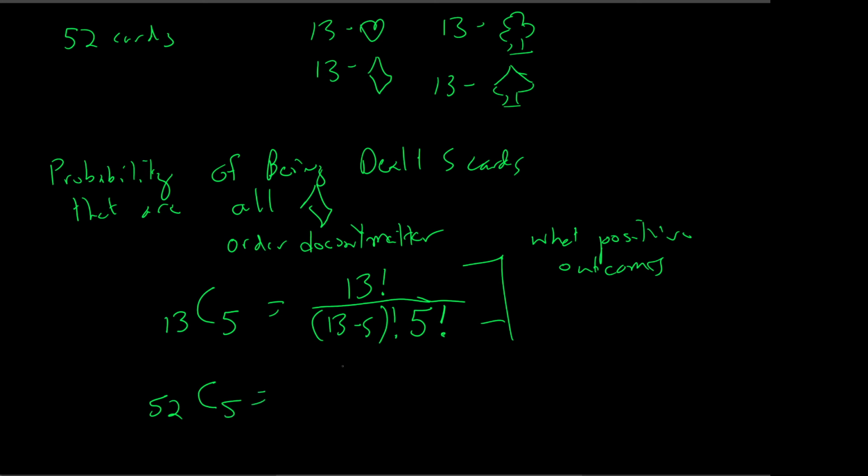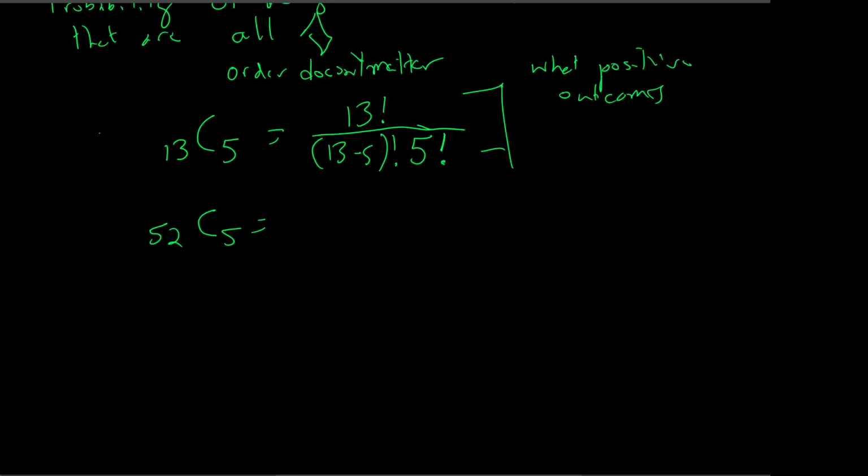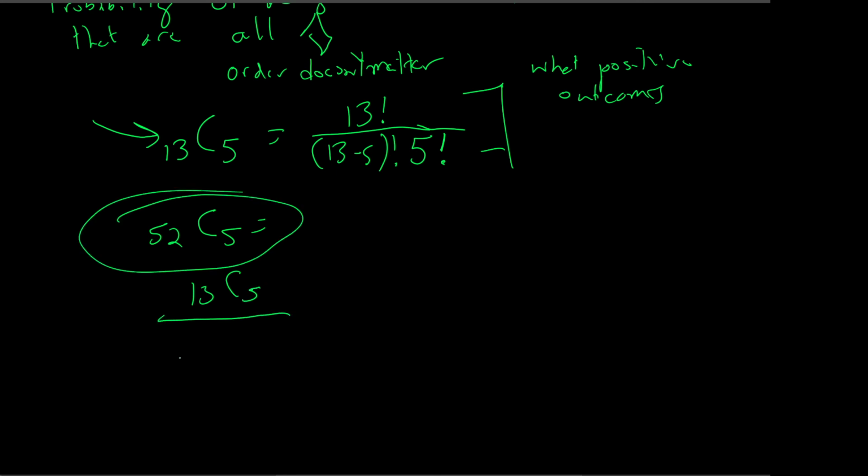And so my probability is the number of favorable outcomes, 13 choose 5, divided by the sample space, which is 52 combinations 5. And so my probability of 5 diamonds is I have this many good outcomes, good events, and I have this much in my sample space.